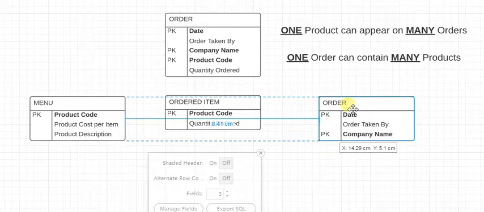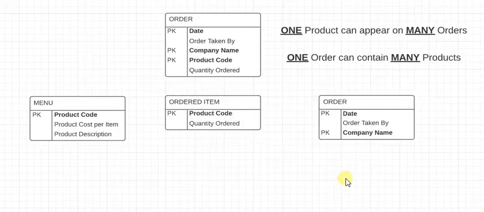Now at the moment I've got nothing to join them together, so obviously I need a foreign key in ordered item to link to the order entity. Okay, but what's going to be the key in the order entity? Now the date and the company name will give it a composite key, that's fine. Now that would mean I'd have to put the date and the company name in the ordered item as well.